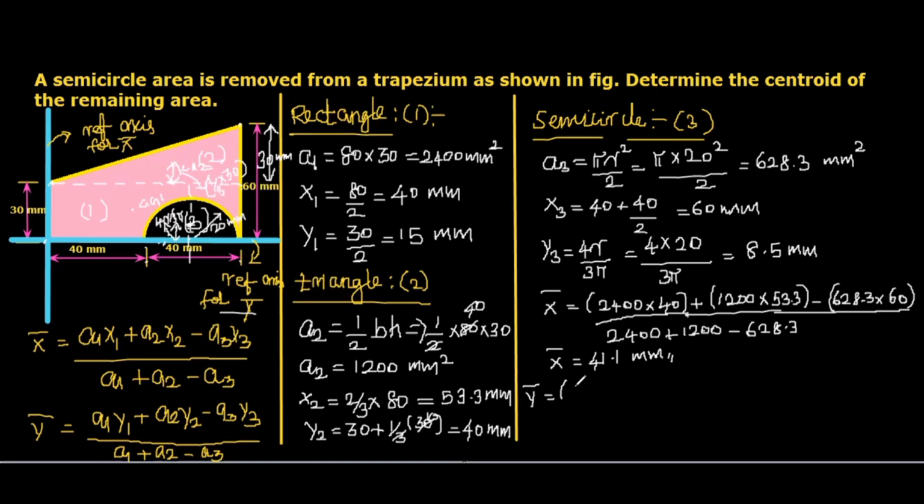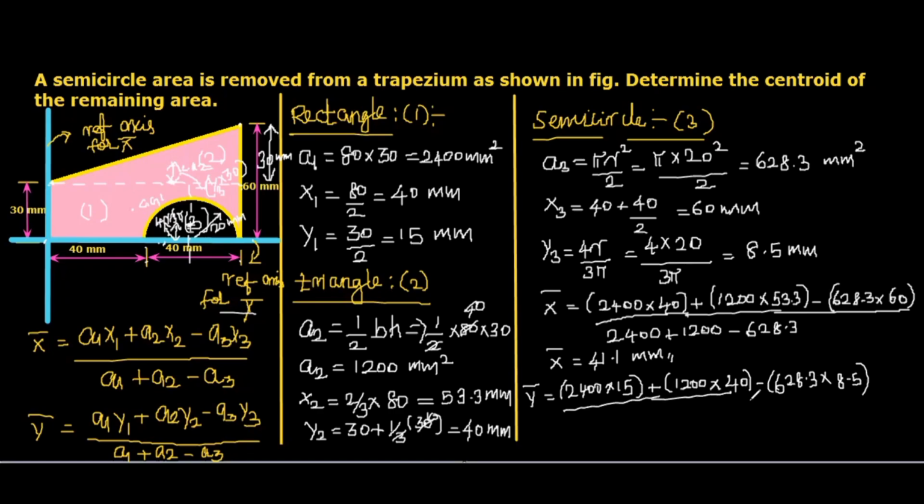Substitute the values: A1 2400 multiplied with y1 15, plus A2 1200 multiplied with y2, that is 40, minus A3 628.3 multiplied with y3, that is 8.5 mm.